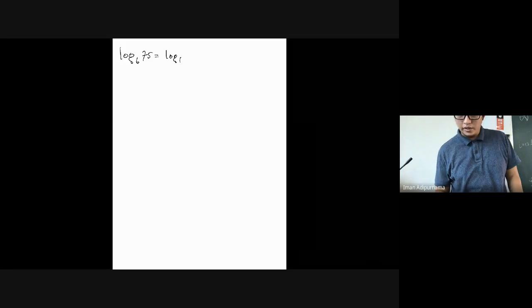Okay, so first, let me write maybe the easiest number that you can think of for 75, which is from 25 and 3, right? 25 times 3 is 75. So write 25 and 3 first, and the log base 6.